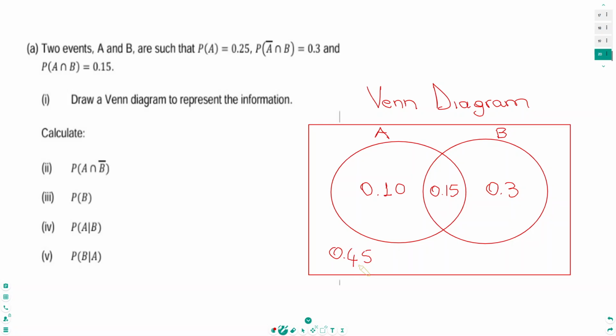The second part of this exercise is to find the probabilities shown. The probability of the intersection between the event not B and A is 0.10, because the event not B includes all the numbers outside the circle B. So this is 0.10.